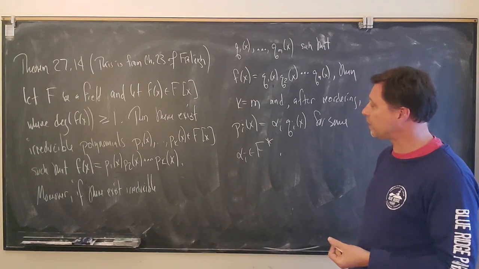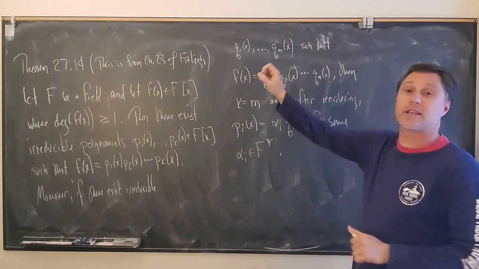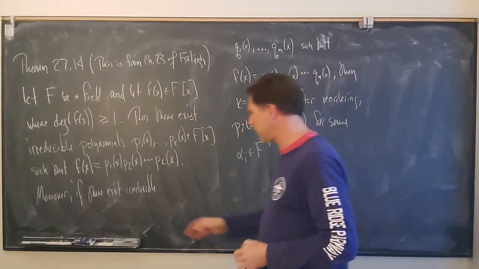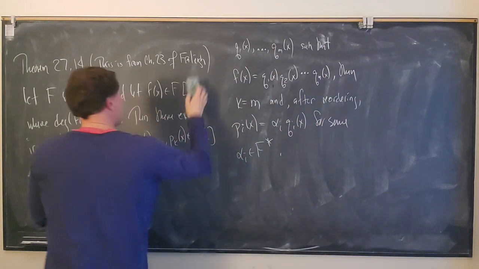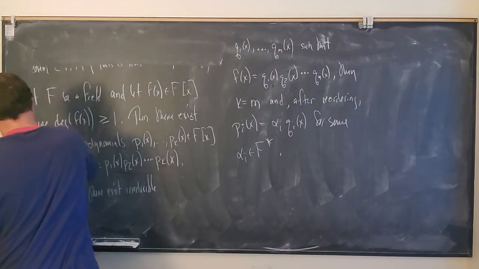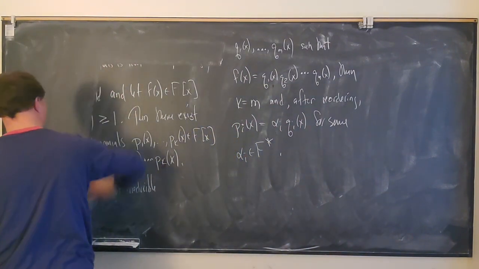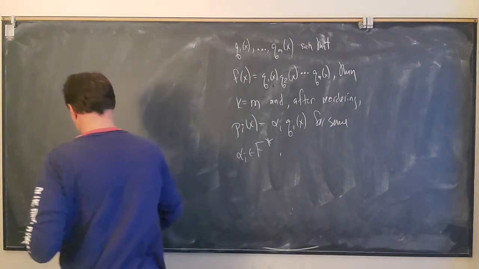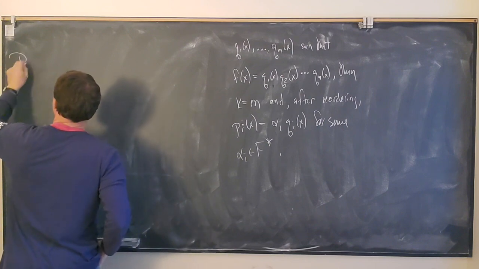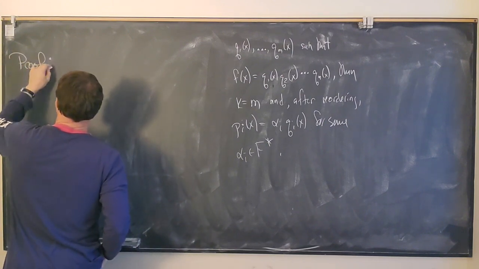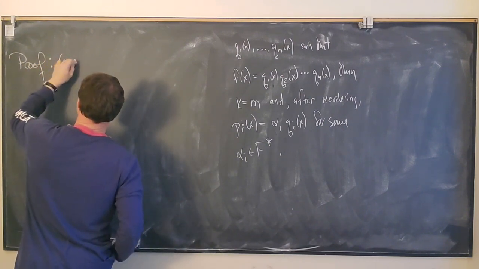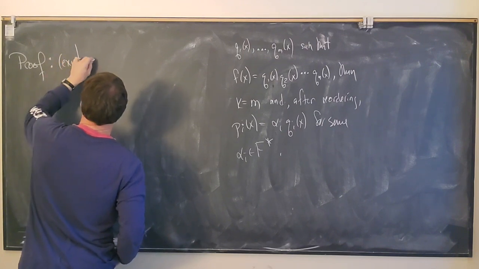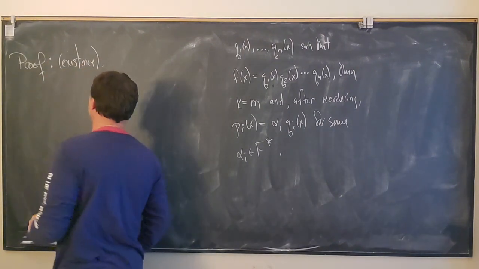Okay, so there's the statement, and there's really two statements here. There's an existence statement and a uniqueness statement, and we're going to prove each one of those separately. So first we'll do the existence. And so it goes like this.